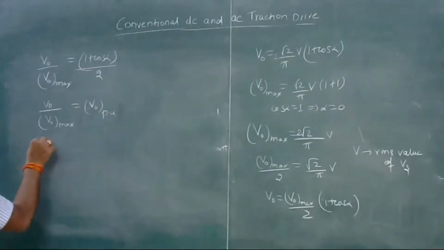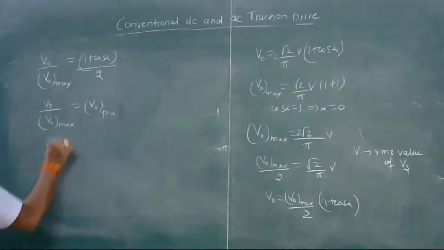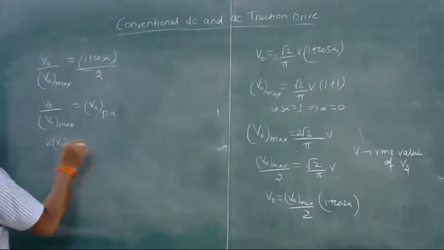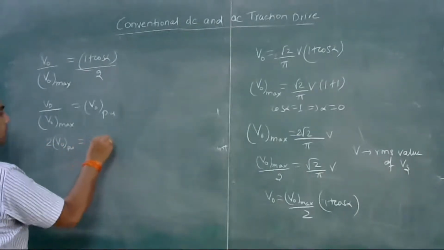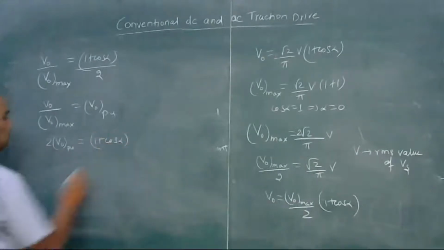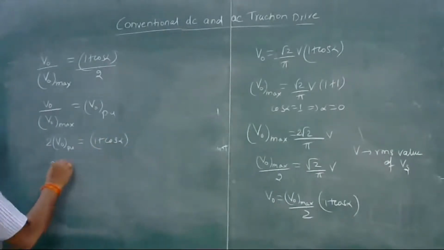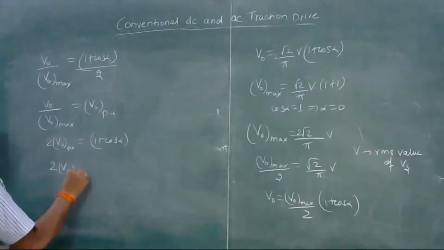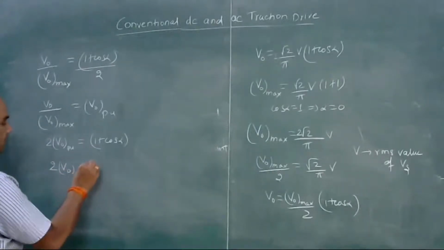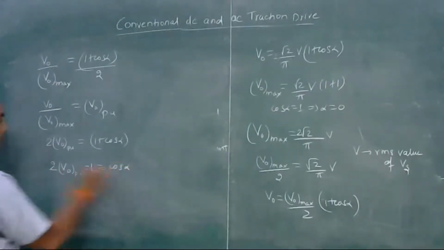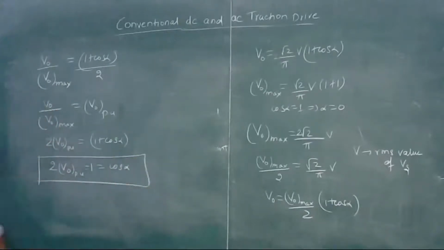So 2 V naught per unit minus 1 is equal to cos alpha.